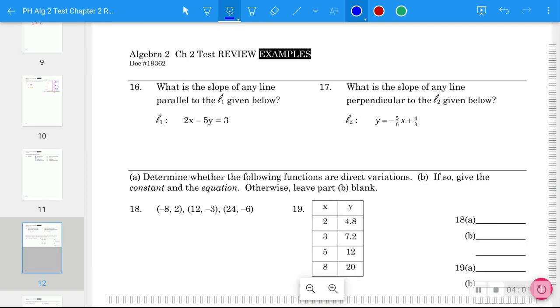All right, what is the slope of any line that's parallel to line number 1 whose equation is given here? Well, let's first of all find the slope of line number 1 by solving for y. We'll divide through by -5 here.